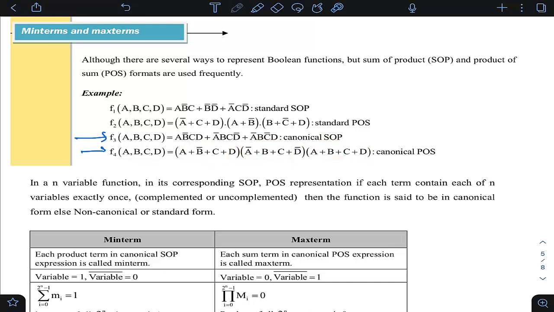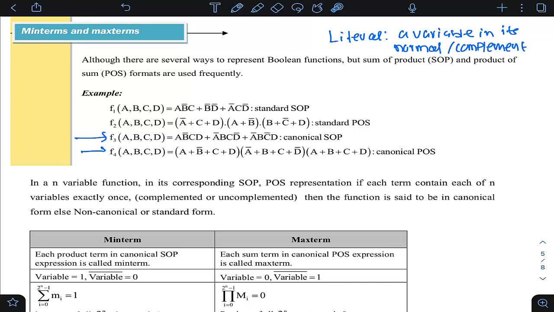In this context, students, we make use of a term known as literal. This is a term we use in digital. So what is a literal? A variable in its normal or complement form is known as a literal.